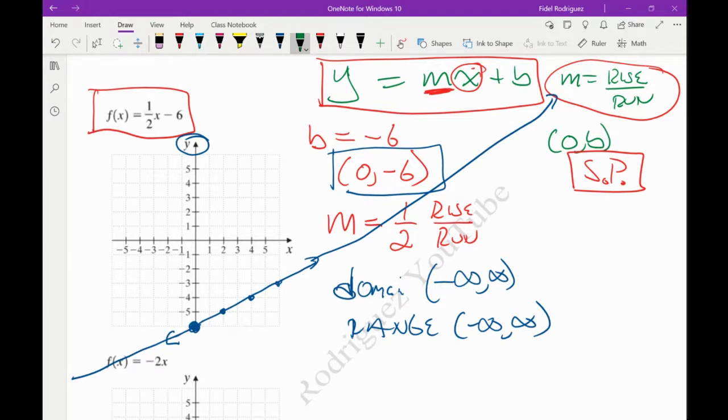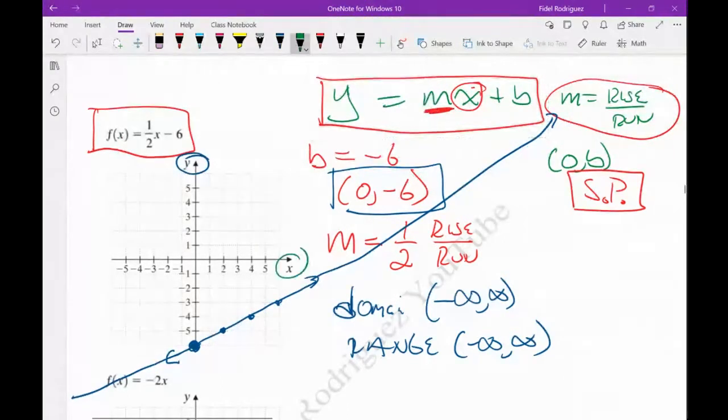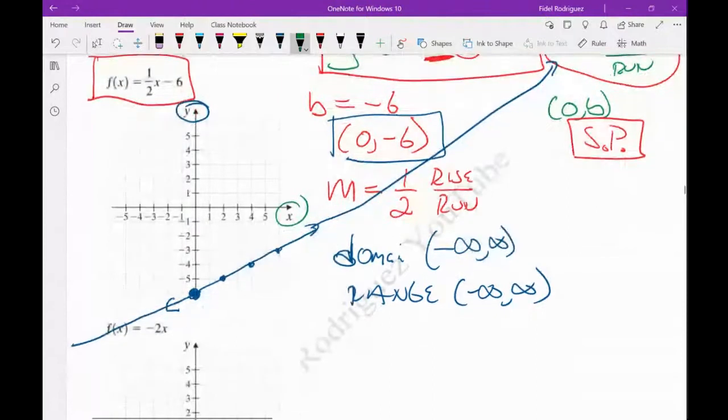So I want you to think about, here's my x-axis. If I were to pick, say, this number, I just picked a random number, -4. It didn't have to be -4, but I wanted something on the left side. Would I have to go up or down to hit my graph? It'd go down, right?